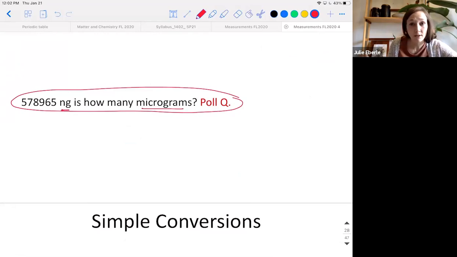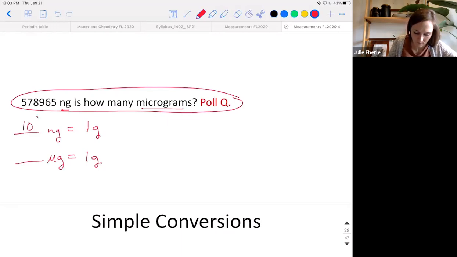I know how to relate both of these to the gram. So if you can write those, remember, because they both equal a gram, we can say those are equal to each other.